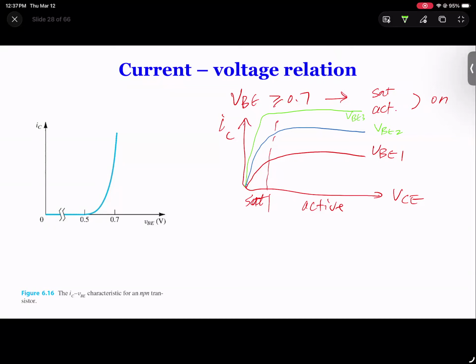Now you can see, when we say VBE larger than 0.7 volts, it's going to conduct. It's again just an approximate number, because in fact, VBE changes, current changes. So how do you draw the relation between IC and VBE? One easy way to get it is we draw a line over here.